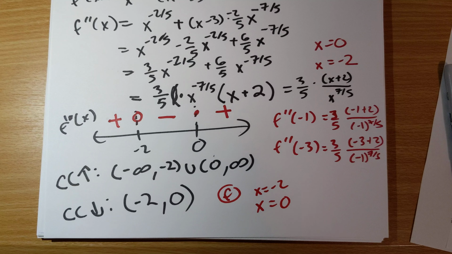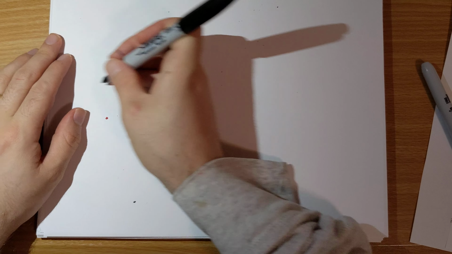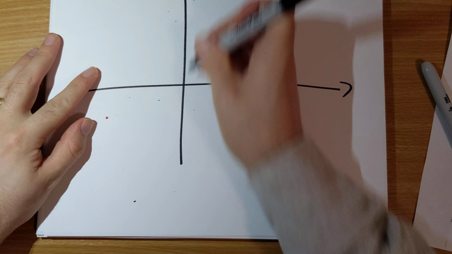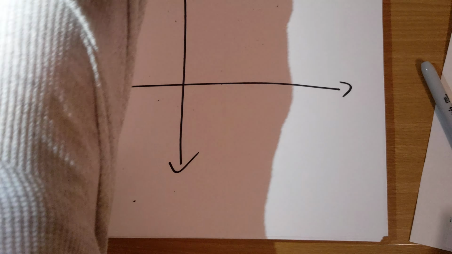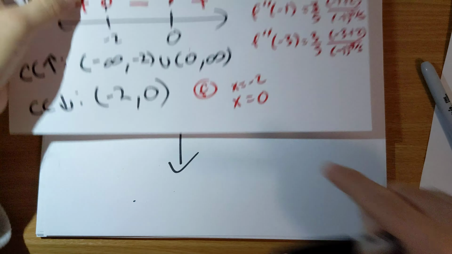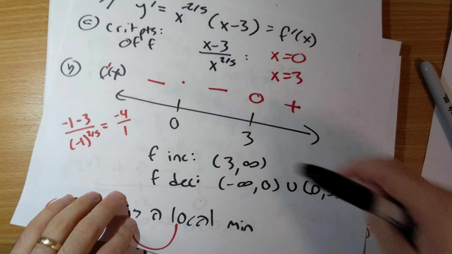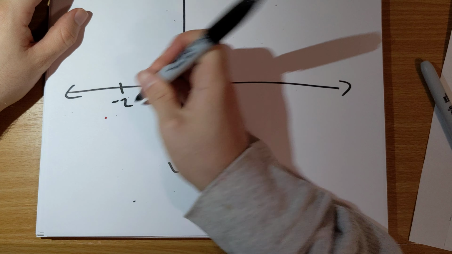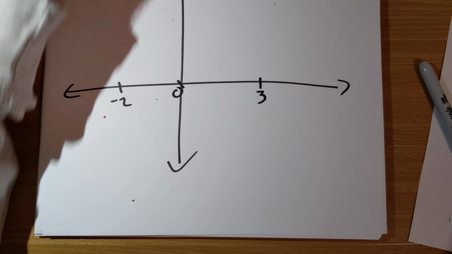Okay, and then finally, sketch the general shape of the graph here. So the key values we need to worry about are negative 2, 0, and 3.